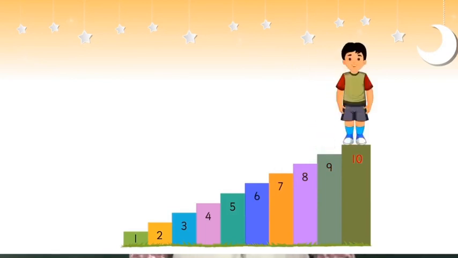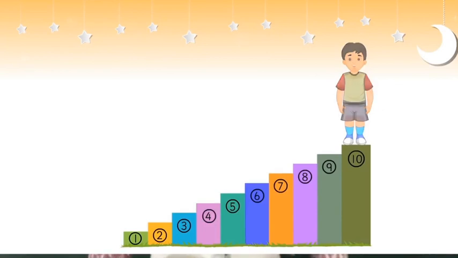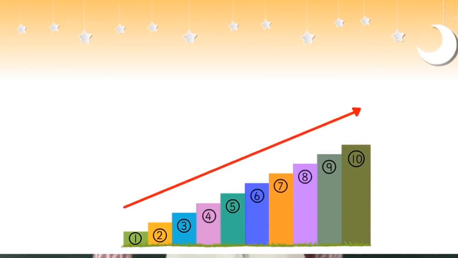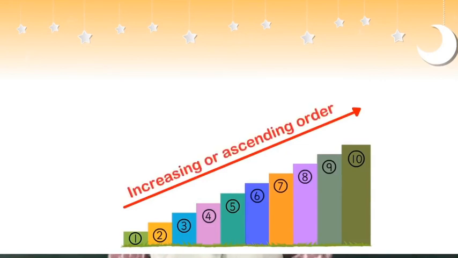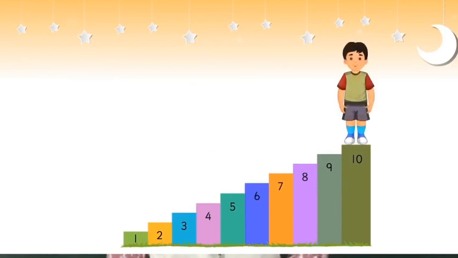Did you observe that as he climbs up each step, he is ascending or moving to a greater number than the previous number? Thus, we say that when the numbers are arranged from the smallest to the greatest, they are in the increasing or ascending order. Here is our friend Rahul again.